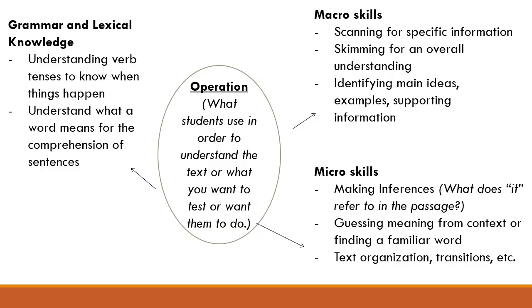So when we talk about the operations in reading, we are referring to different kinds of mental work, right? Mental processes that students need to do to understand a text, from something that is big, like scanning, to something that is very simple, like relying on grammatical knowledge or lexical knowledge. So identifying these clearly can help us create better tests that match the learners' levels and goals.